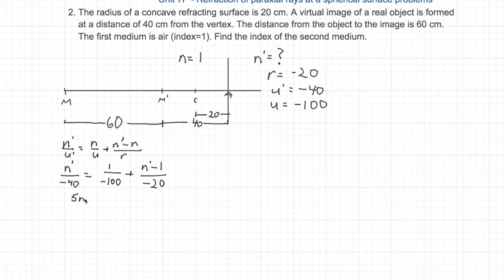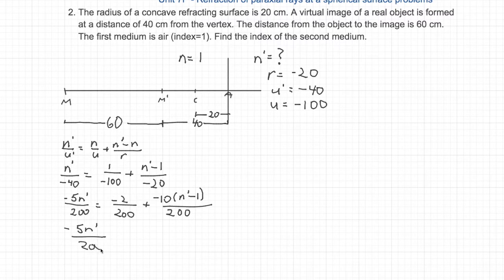Now let's choose 200 as our lowest common denominator. Now we'll get rid of the parentheses by distributing negative 10 over what's inside.